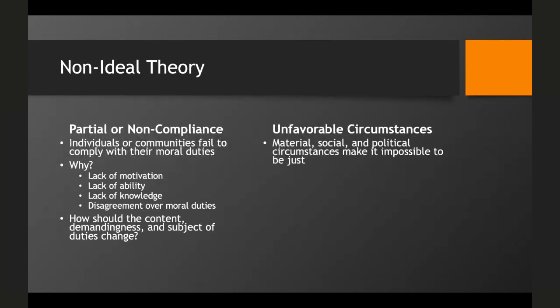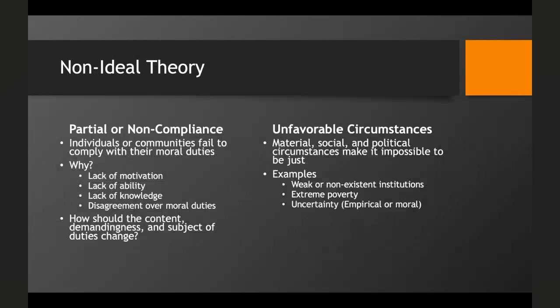The second is what Rawls calls unfavorable circumstances, and that there are often in the real world material, social, and political circumstances that make it impossible to be just. There might be weak or non-existent institutions, so you can't implement policies to actually realize these principles of justice. There could be extreme poverty that prevents people from acting in a just way.